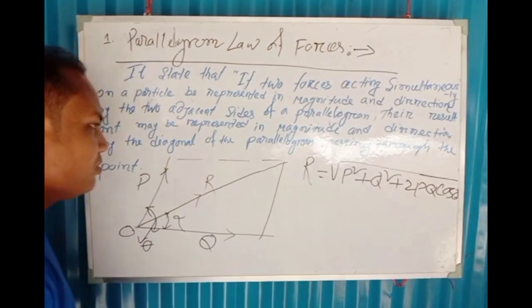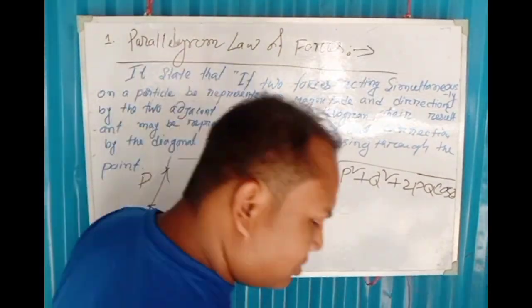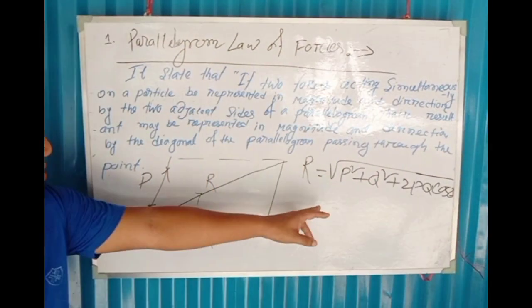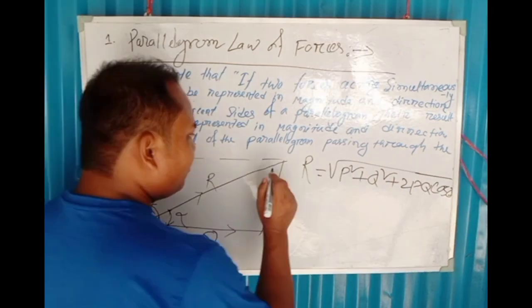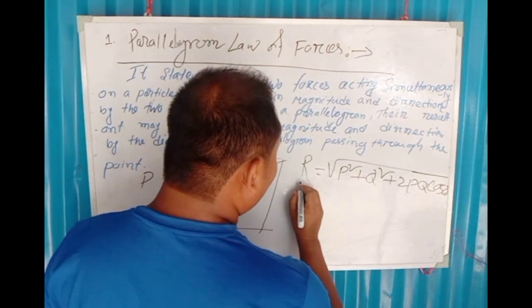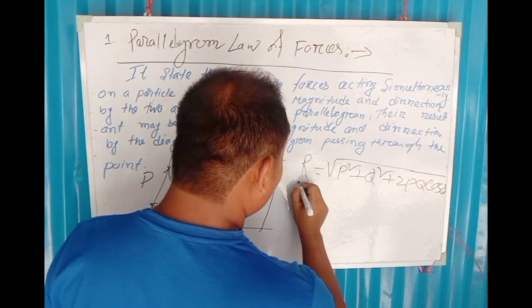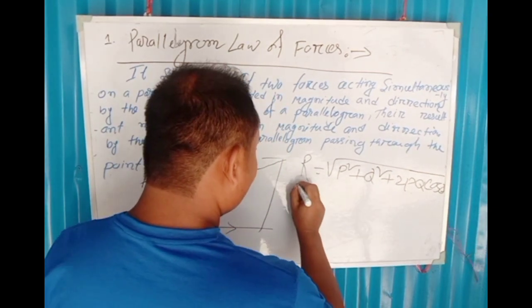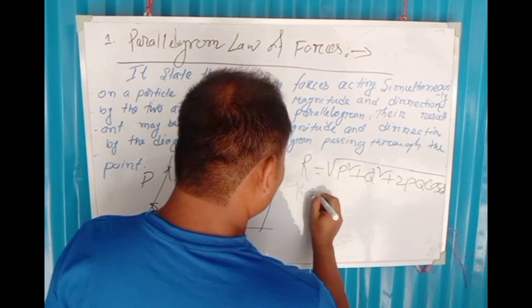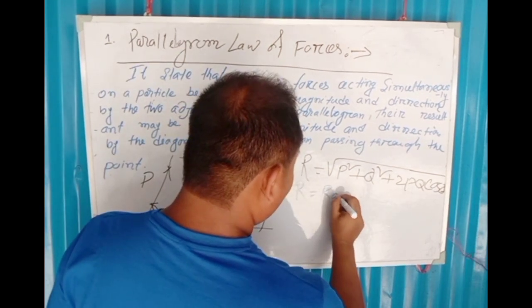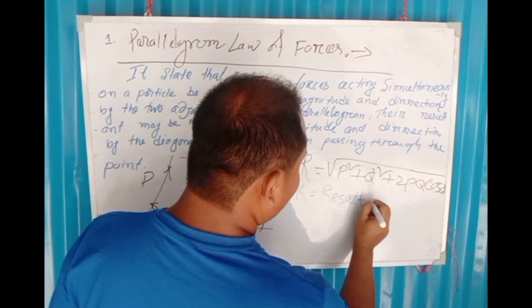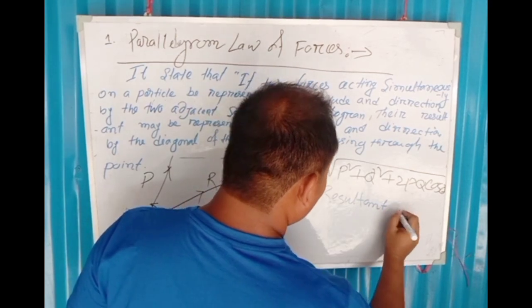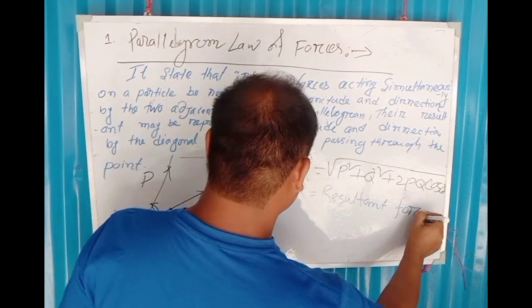Okay, 2PQ cos theta. This is the formula by which we can easily calculate the magnitude of the resultant force. R is the resultant force.